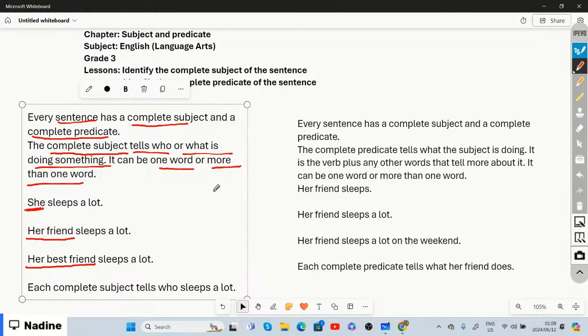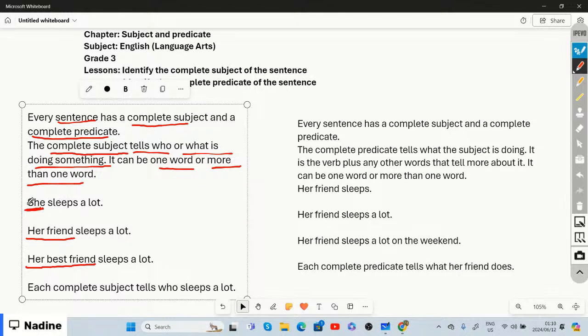So if we look at all three of these sentences, the first one says she sleeps a lot, and we identified she as our subject. Her friend sleeps a lot, and we identified her friend. And we identified the next one, her best friend, as a subject because her best friend sleeps a lot. Each one of these sentences, with each complete subject, tells us who sleeps a lot.